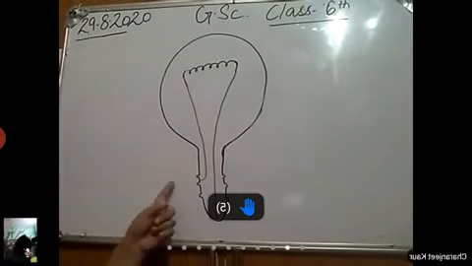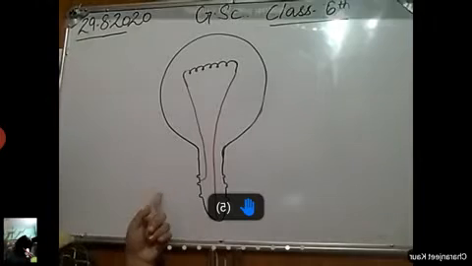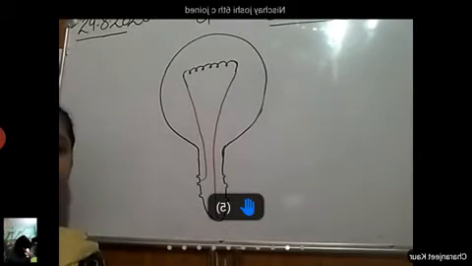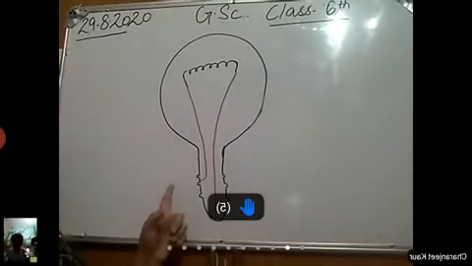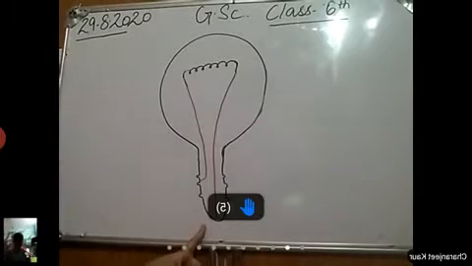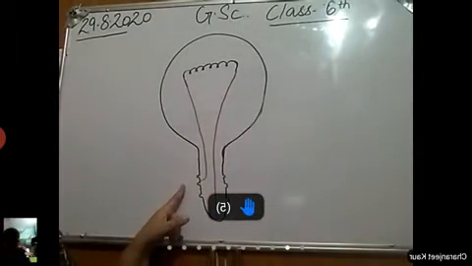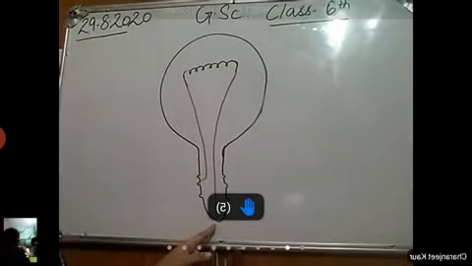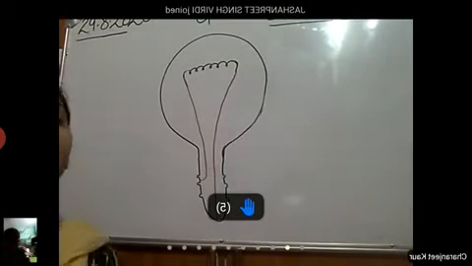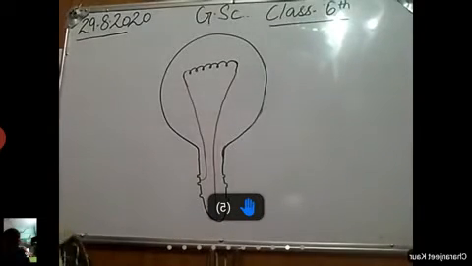Out of these, one is the positive terminal and one is the negative terminal, right? This is the negative terminal, this is the positive terminal. One wire touches the positive terminal and the other wire touches the negative terminal. Clear?